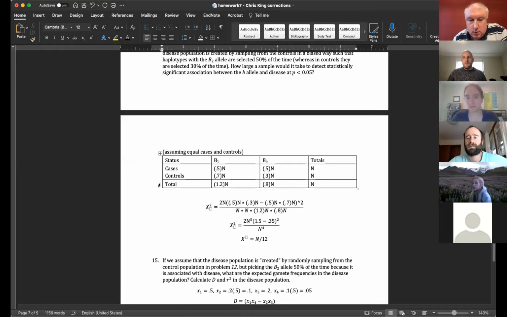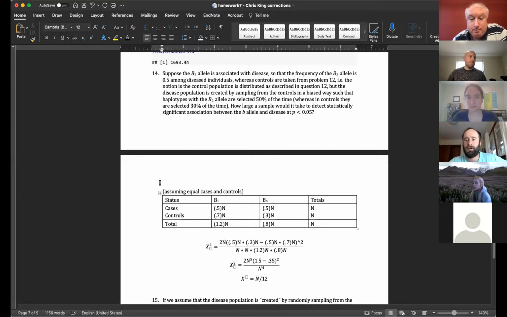Okay, so I essentially just set it up according to how you explained it last week. So you can see we have essentially a frequency table here in which, according to the setup of the problem, we specify that the B2 alleles are selected 50% of the time, and in the control cases, they're selected 30% of the time.